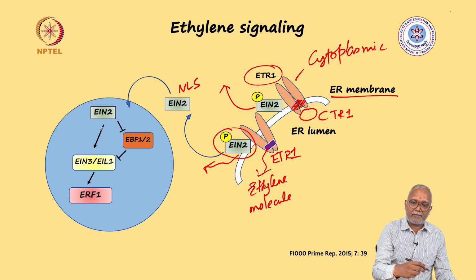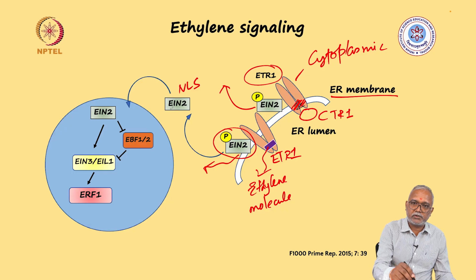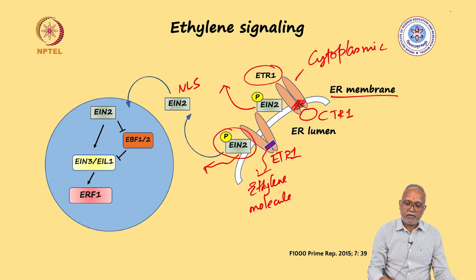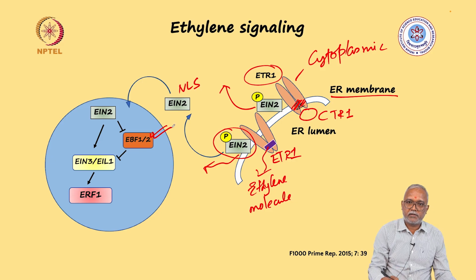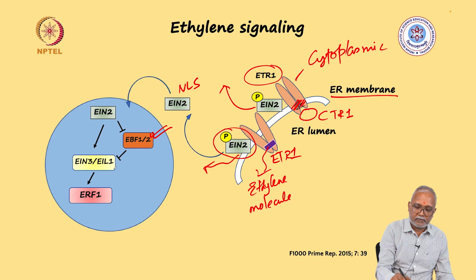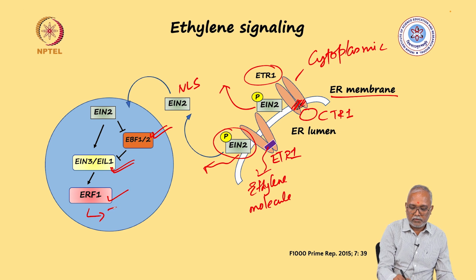Now normally, when ethylene is not there, EIN2 is not inside the nucleus. In that scenario, this particular set of proteins, EBF1/2, actually inhibit the factors which help the ethylene response factor to transcribe.